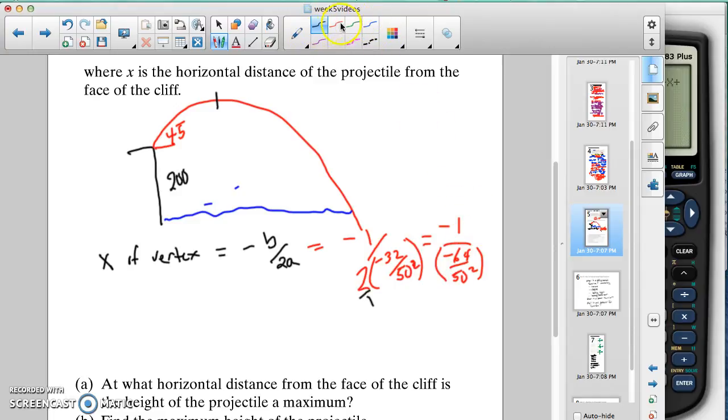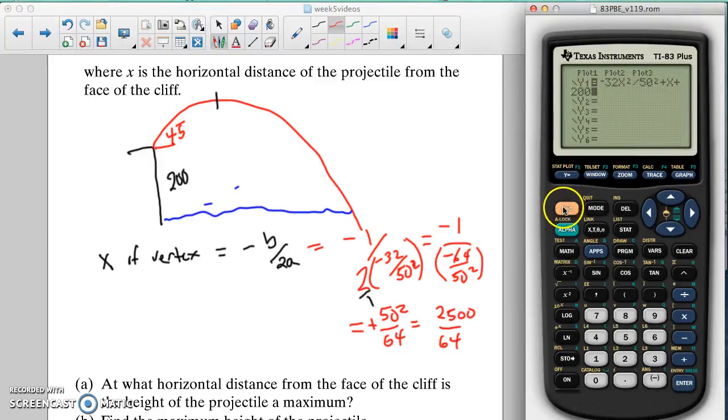Now, this means reciprocal, so we're going to take the reciprocal of this value, so we're going to get 50 squared over 64, and we're going to have 2 negatives here, so we're going to have a positive answer there. Okay, so that's 2500 over 64.